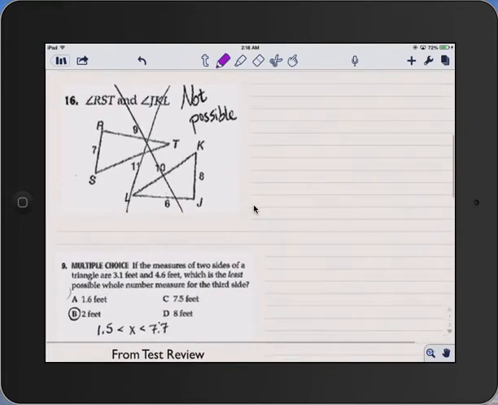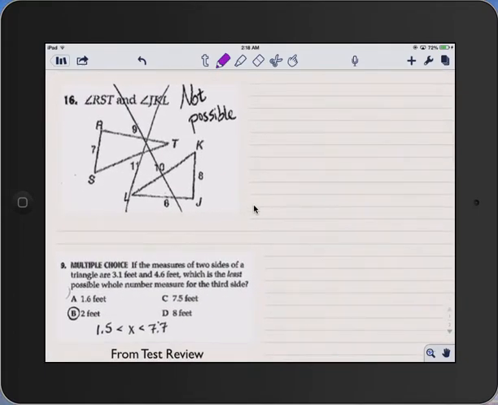Okay, and then someone else asked why it's not possible to do number 16. Well, number 16, I think they intended to ask you a question that would be the converse of the hinge theorem.